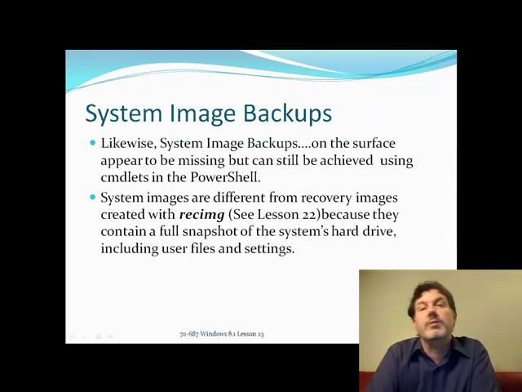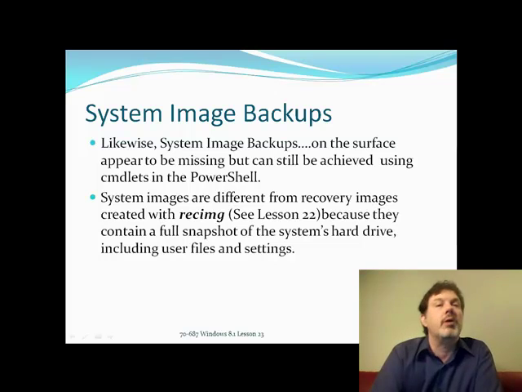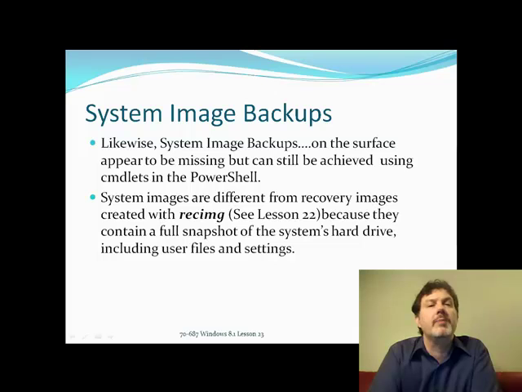So before we get into the file history, I do want to talk about the system image backups. Likewise, system image backups, at least on the surface, appear to be missing through the GUI interface. But I do want to let you in on a little secret, and that is you can still achieve a system image backup using the Windows utilities through the commandlets in PowerShell.